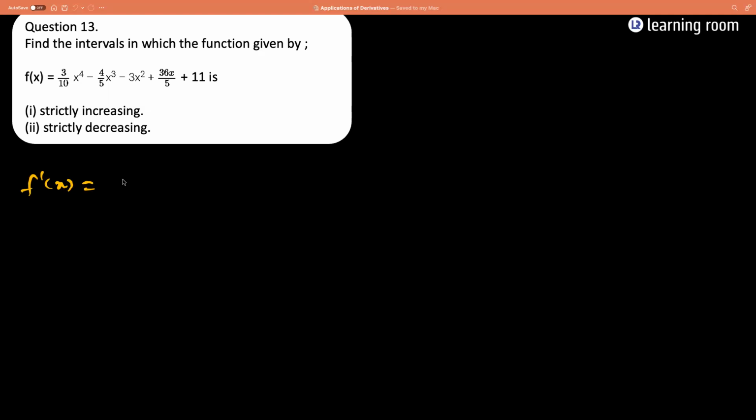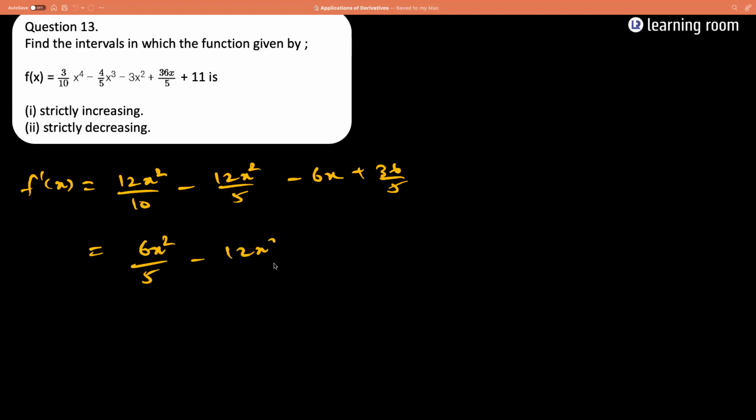One minute. So 12x square by 10 minus 12x square by 5, correct? Minus 6x plus 36 by 5. And now tell me, 6x cube by 5 minus 12x square by 5 minus 6x plus 36 by 5. Is this what you got?